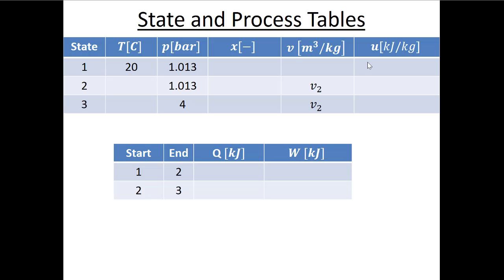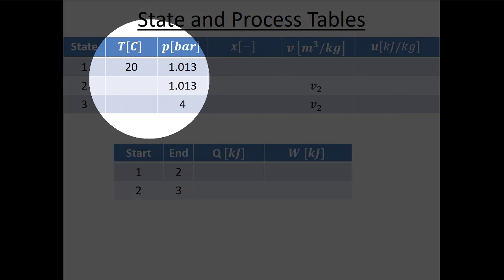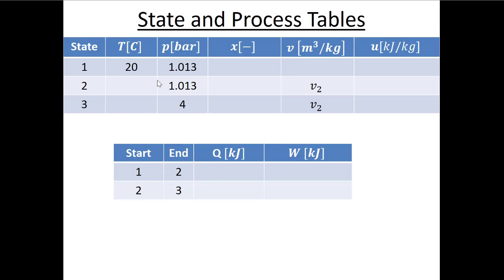The nice thing is, when I look at this problem, I know right off the bat, or at least I'm hoping, that I might be able to fix state 1 because I have two independent properties. They're temperature and pressure, so it's possible that they're dependent and not independent, but I know that's a place where I can start. The other thing I know, which might make me a little worried, is that I don't have two intensive properties for state 2 and state 3.